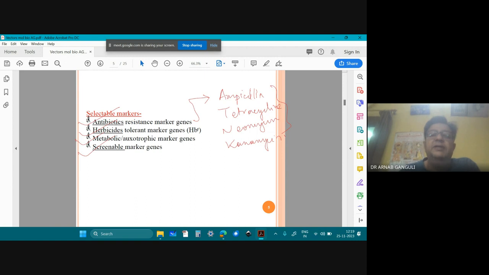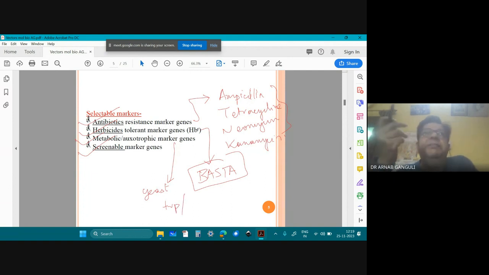Herbicide resistance, for example, there is a compound known as Basta, a huge name, but keep the name in mind, Basta. Then you have metabolic or auxotrophic marker genes, especially used in yeast. For example, tryptophan. In the medium, you don't give tryptophan.